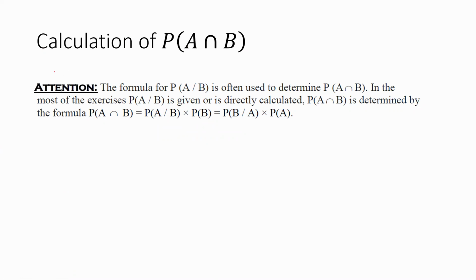Now calculation of probability A intersection B. How to calculate probability A intersection B?